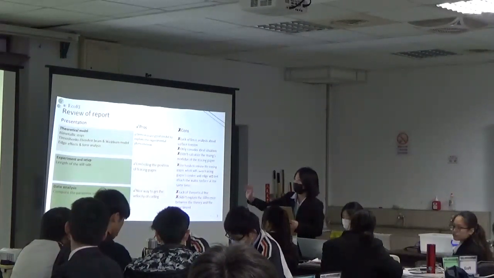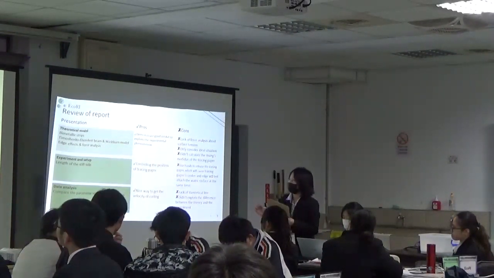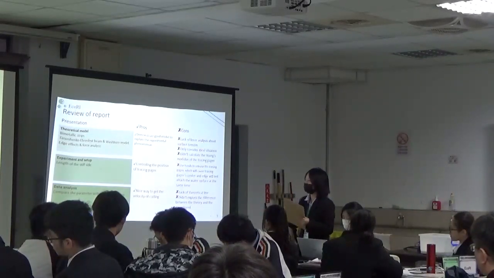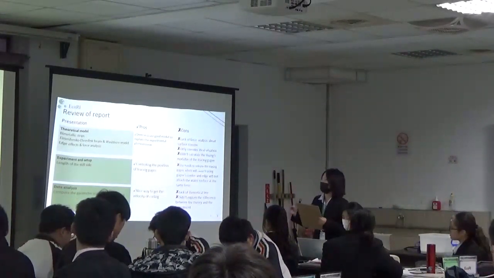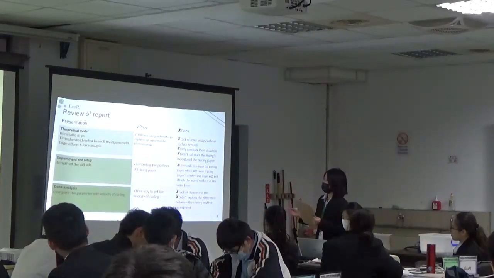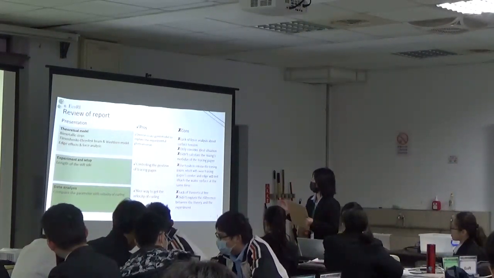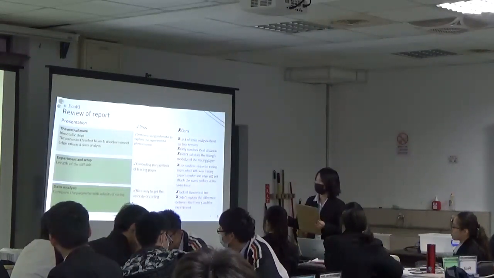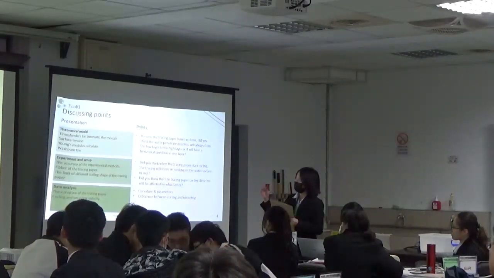For the data analysis part, they compared the parameters with the velocity of curling. We think the way they get the velocity of curling is nice. For the cons, there is a lack of a theoretical line, and they didn't explain the difference between the theory and the experiment. And here are the discussion points.